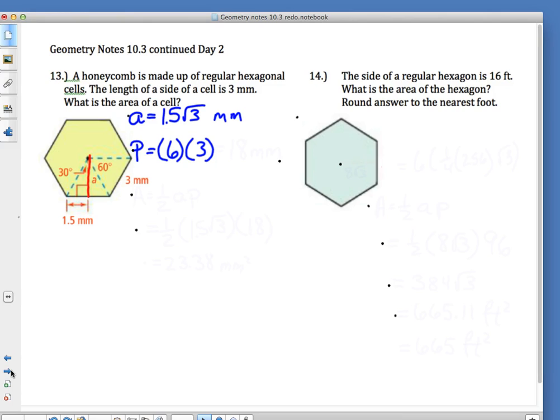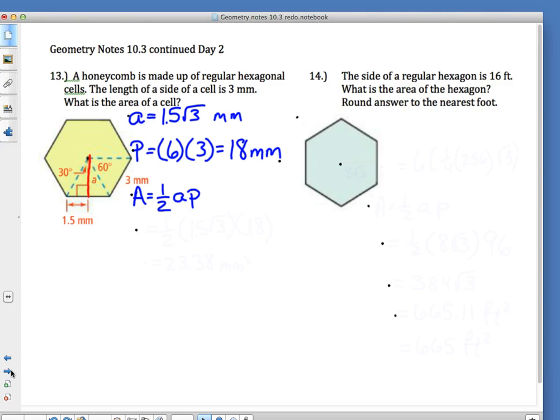Because there are 6 sides, and each side is 3, my perimeter should be 18. And now, I got 1/2 a P. By the way, N times S is the same as P. Number of sides times the side length is perimeter. You should be able to go back and forth whichever way I give it to you, but you have to know how to get perimeter quick.